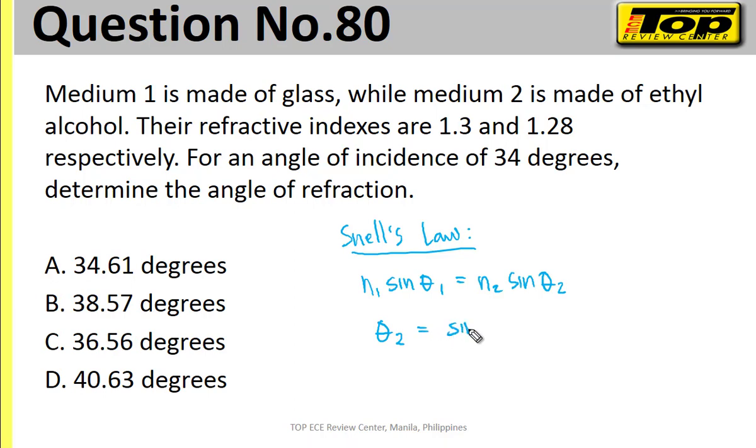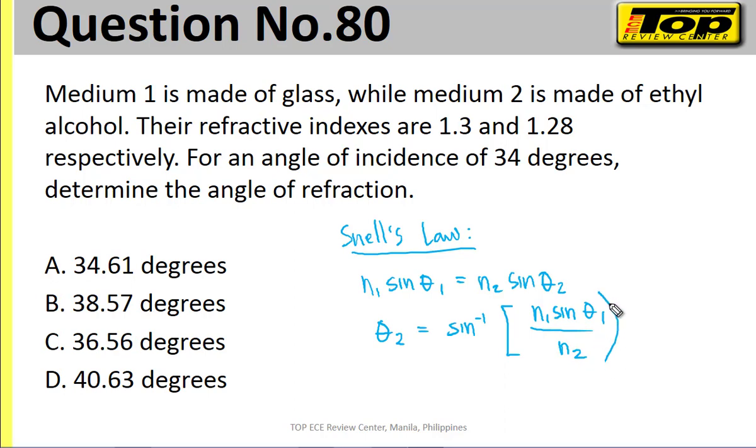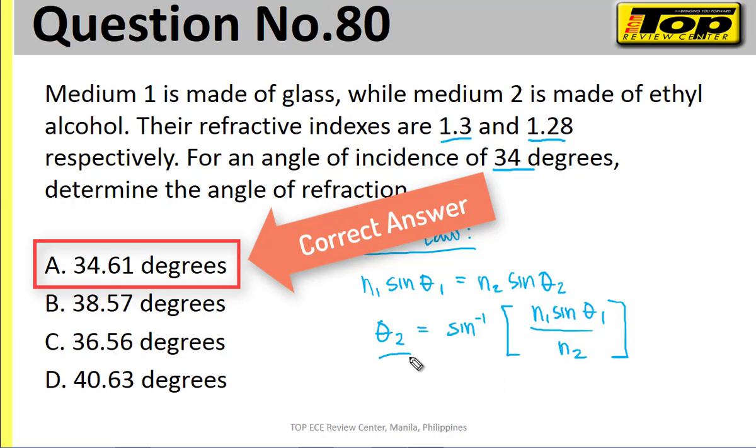And that is equal to the arc sine of N1 sine theta 1 over N2. Okay, we already know what N1 is, right? N1 is 1.3. N2 is 1.28. And theta 1 is 34 degrees. So we can easily calculate for theta 2. And what is our answer for theta 2? That is letter B, 38.57 degrees for number 80.